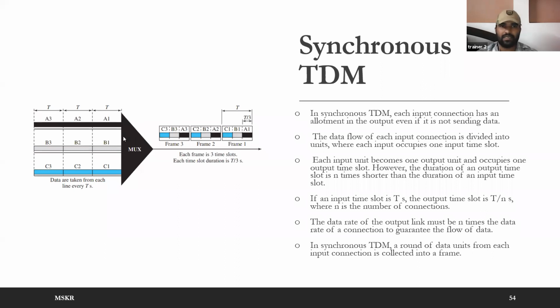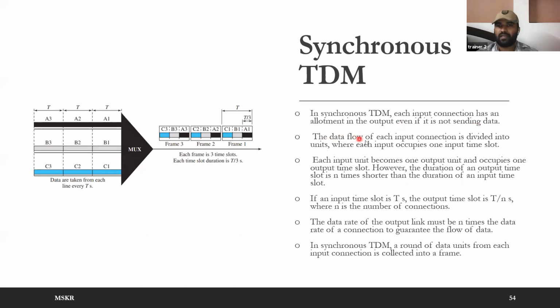As you can see here, if for example the B2 signal is not here, B has no signal at this time, so this part will be left empty. So you are wasting bandwidth here. You need to remember that as one drawback of synchronous TDM.